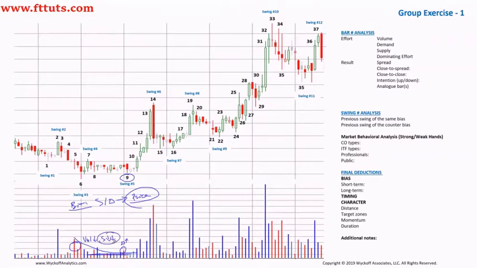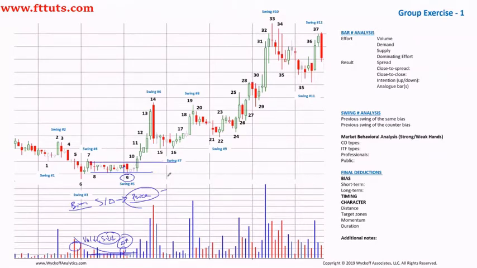And that acts as the main driving force behind the bias to the upside. We also see that on bar number 9, as Rick has mentioned, there is some demand coming in, and that produces a small spring situation where the price comes back into the middle of the range area.